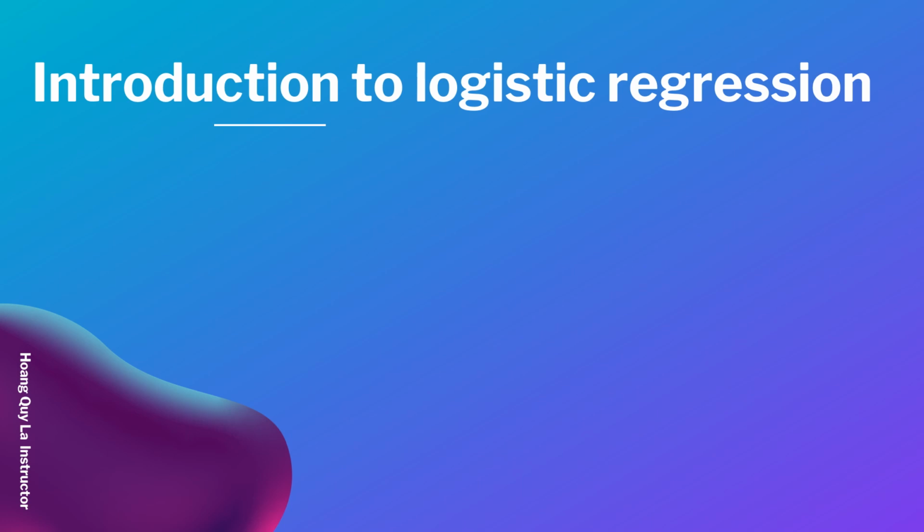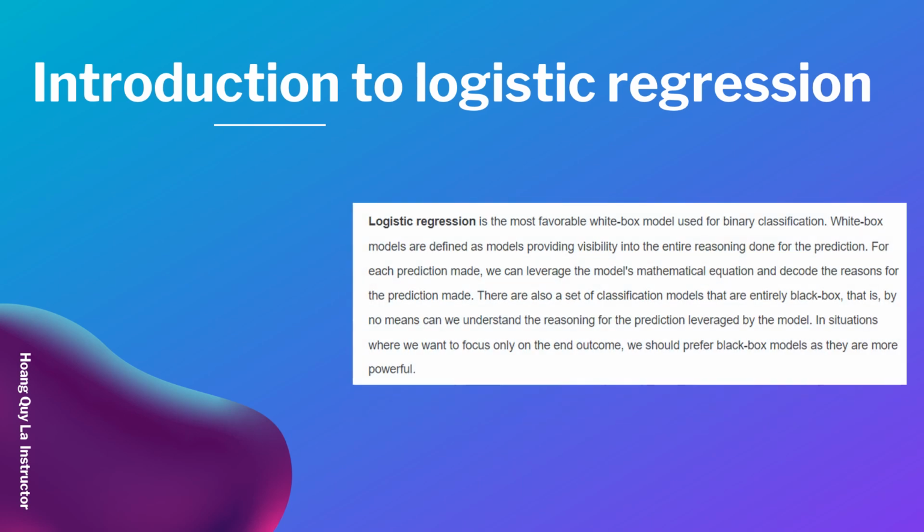So let's talk about logistic regression. Logistic regression is the most favorable white box model used for binary classification. White box models are defined as models providing visibility into the entire reasoning done for prediction. So for each prediction made, we can leverage the model's mathematical equation and decode the reason for the prediction.